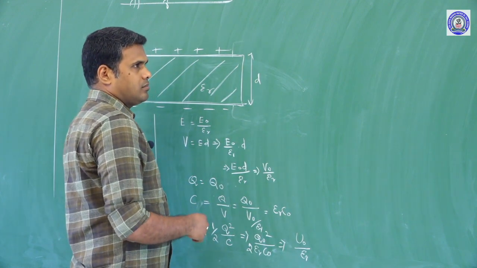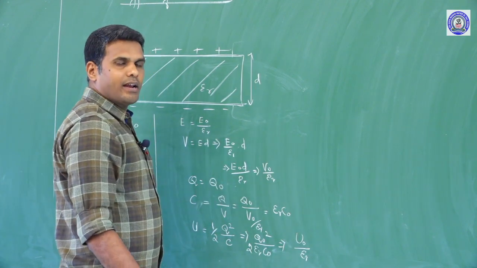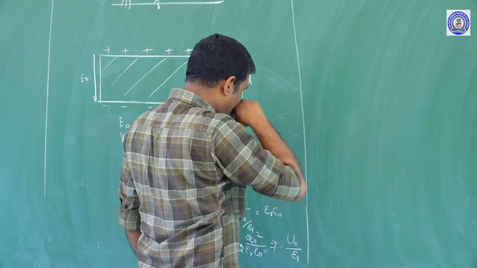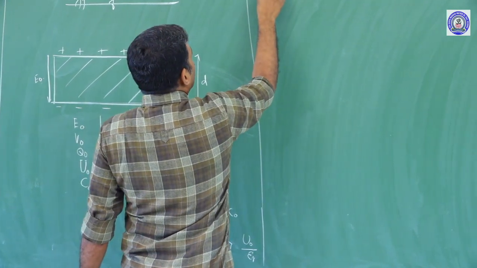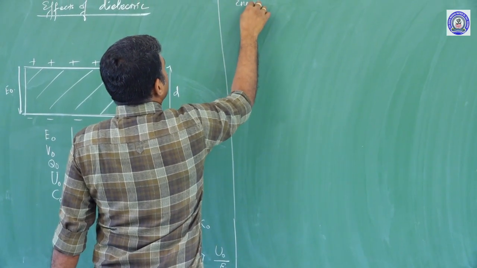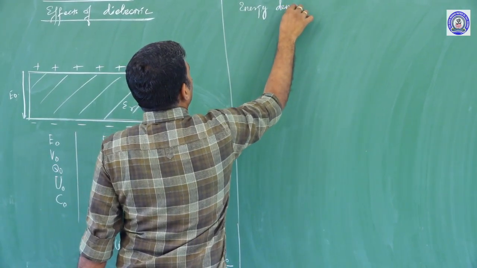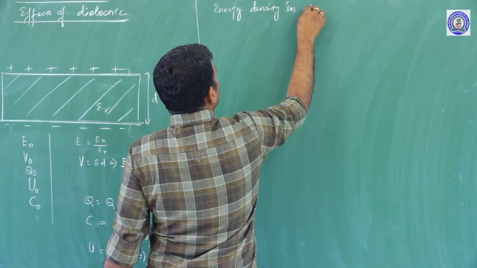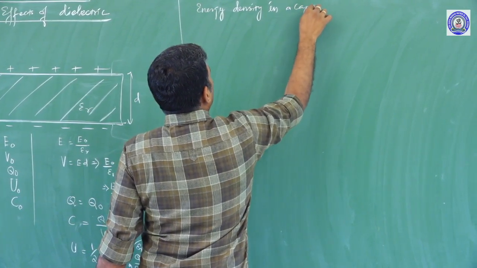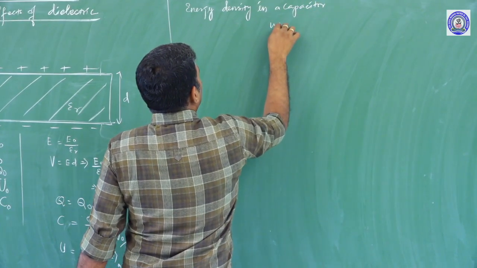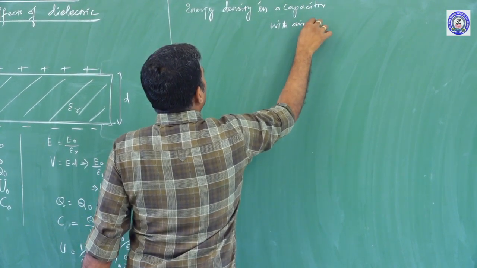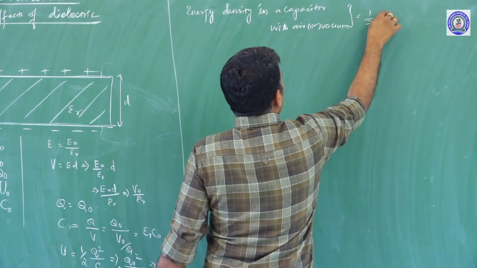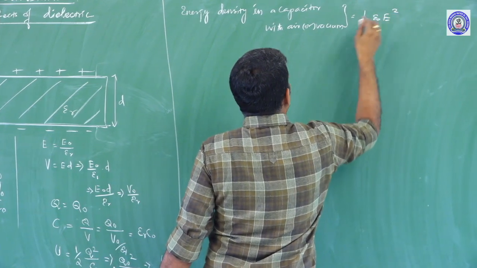Along with the potential energy, we can also speak about energy density. The energy density in a capacitor with an air medium or vacuum is given by half epsilon naught E square.